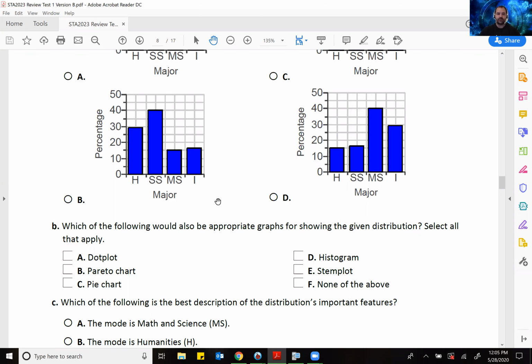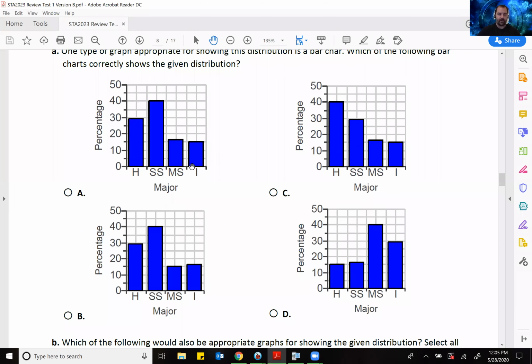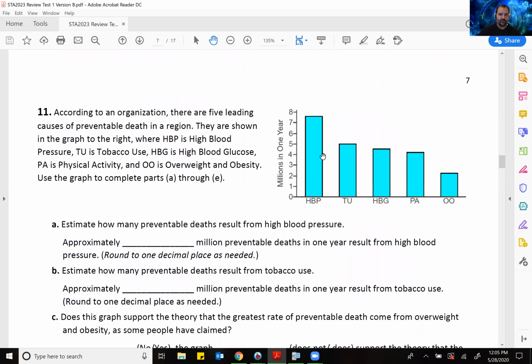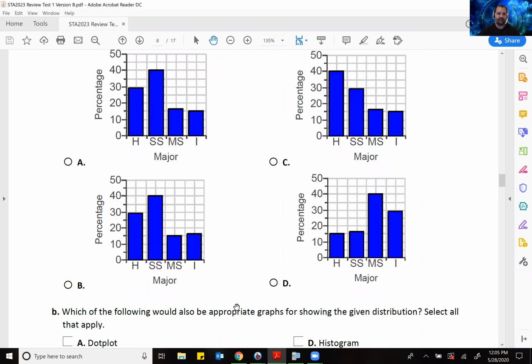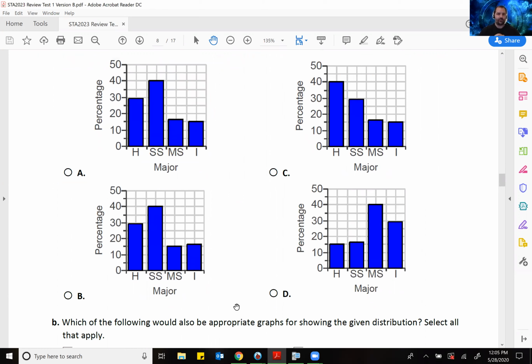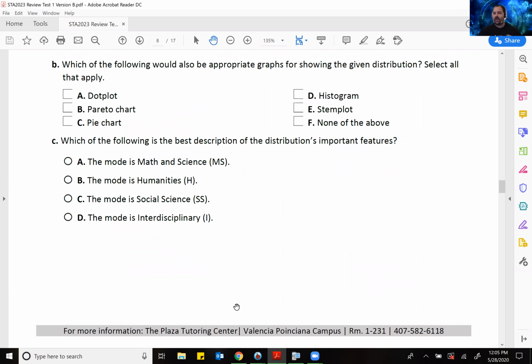A bar chart, which is what this is. This is a bar graph. Then the Pareto chart, which would just take this bar graph and put it in order, like what you saw right here, from largest to smallest. Or the pie graph. Those are the three we use for categorical. Everything else is numerical. All right. And C.